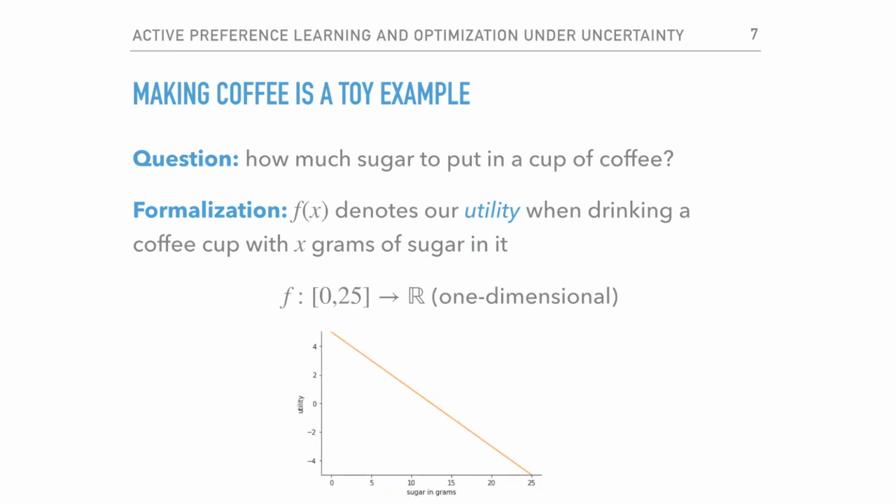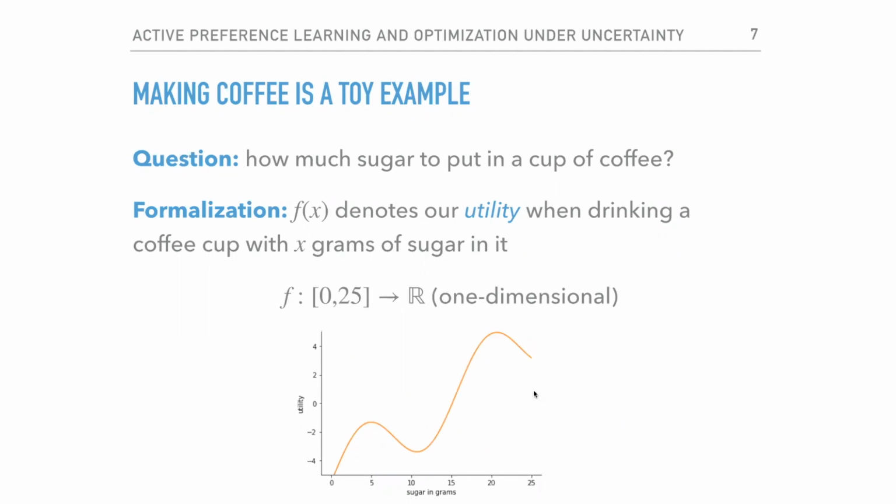If you have the opposite preference, then your utility might decrease with respect to x. For most people, their utility is optimized at some location in the middle. And as you move further away from this location, your utility will decrease. For some other people, their utility might look even more complicated with many local optima.